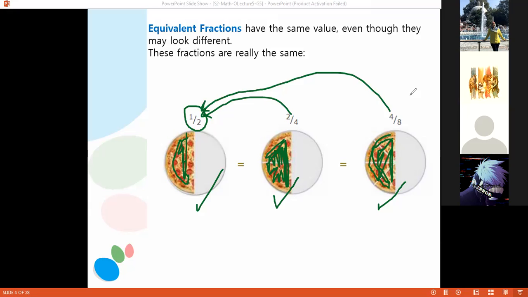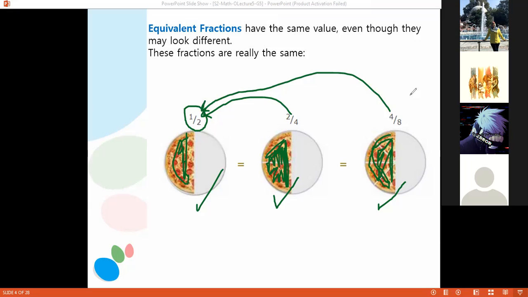Yes. Okay, so now I will teach you how to find your own equivalent fraction. Suppose I gave you, for example, 3 over 4 and I ask you to find a fraction which is equivalent to 3 over 4. I'm going to teach you how, okay? So this is our objective for this lecture: to know the meaning of equivalent fractions and how we find equivalent fractions.